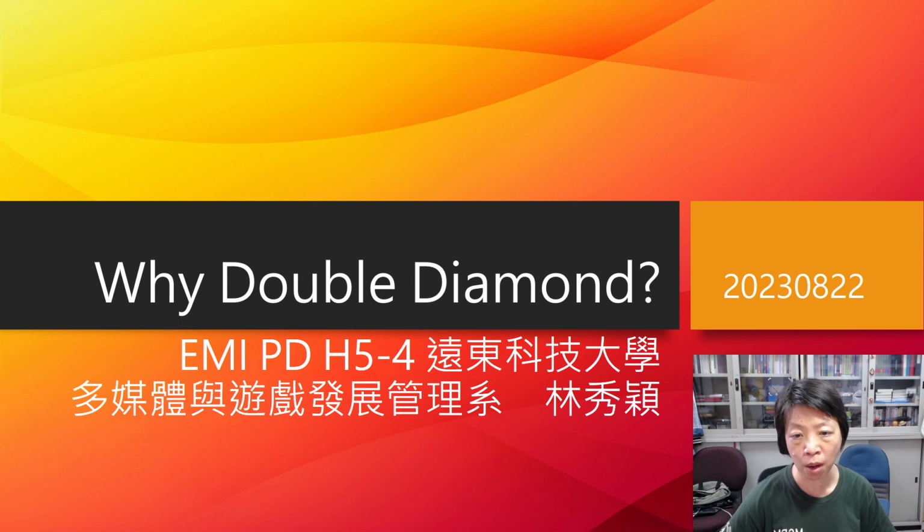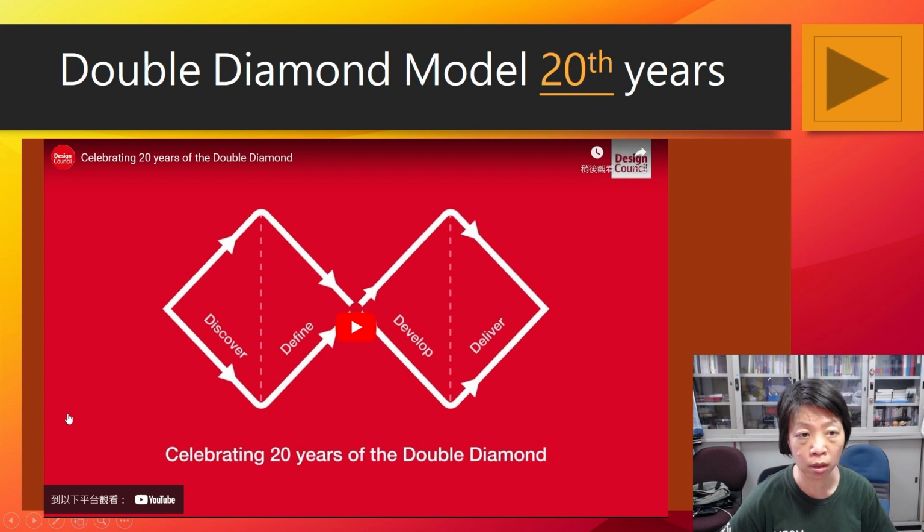Today's topic is about why double diamond. Well, double diamond is a model presented by the UK Design Council about 20 years ago. They made a short film this year.